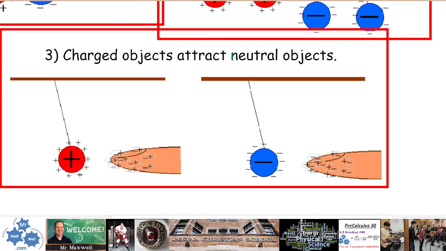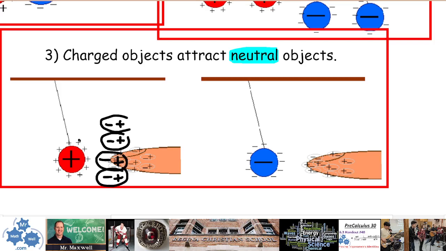Number 3, charged objects can attract neutral objects. Charged objects attract neutral. So even if we have one charged thing and we have a neutral object like this, there will be an attraction because, as we talked about the other day, the positives and negatives will line up, right? The positives and negatives will line up so that there would be a negative sort of side here.